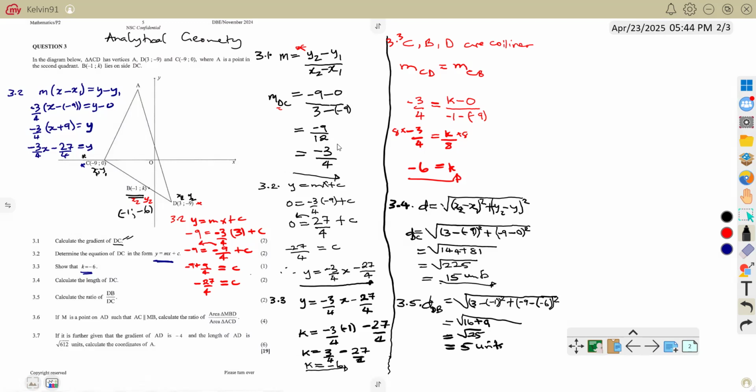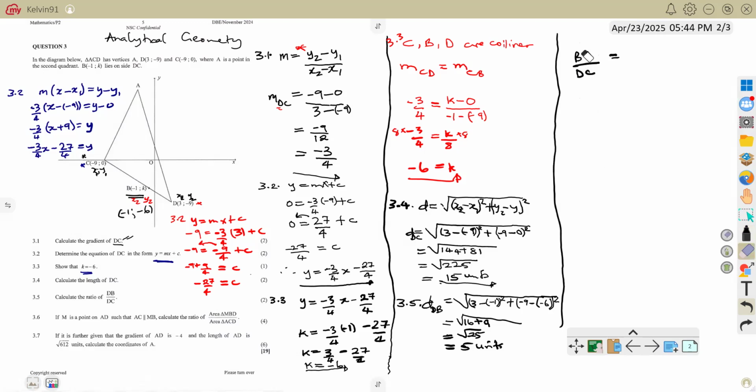Therefore, to have the required ratio, it means that the required ratio BD over DC will be equal to, that's our DB. Here, take note, it's DB.